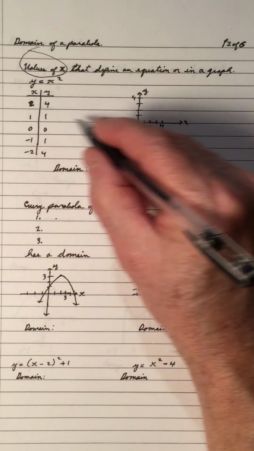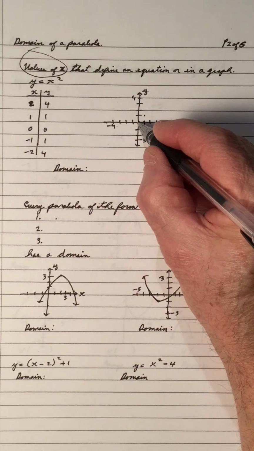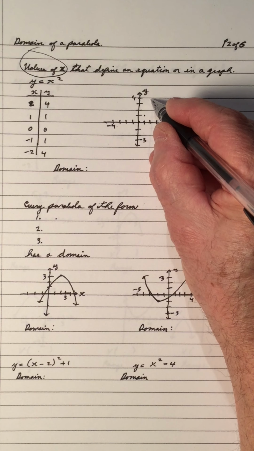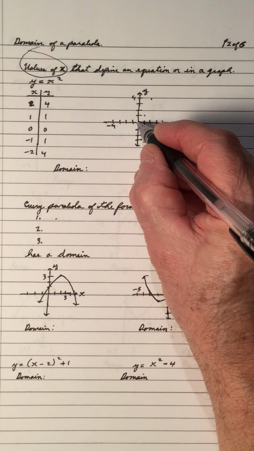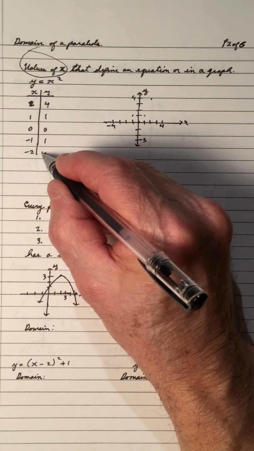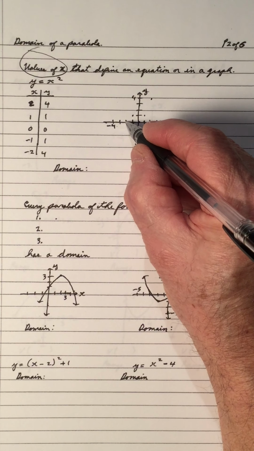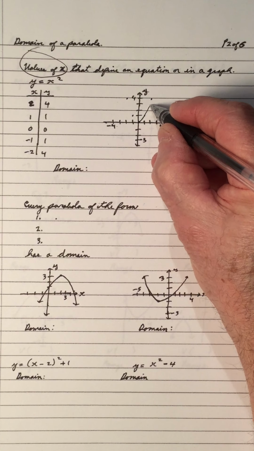X is 1, y is 1. X is 2, y is 4. X is negative 1, y is 1. X is negative 2, y is 4. So this is the basic equation of a parabola.